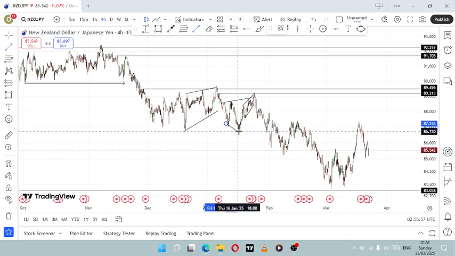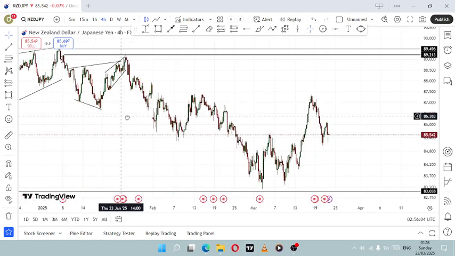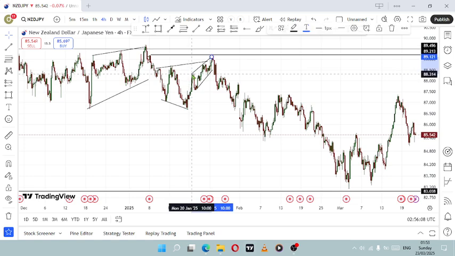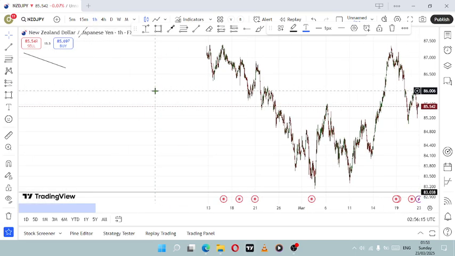And then within this structure, again, we had an impulse, correction, continuation. So we're 4 hour structured.